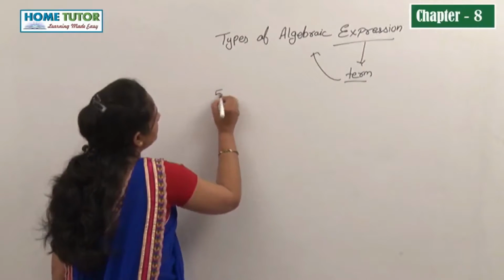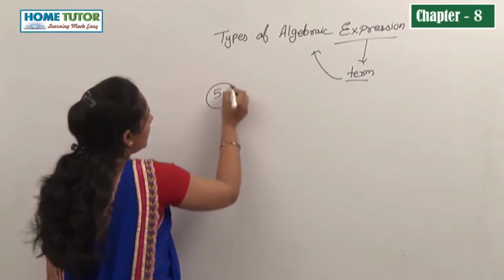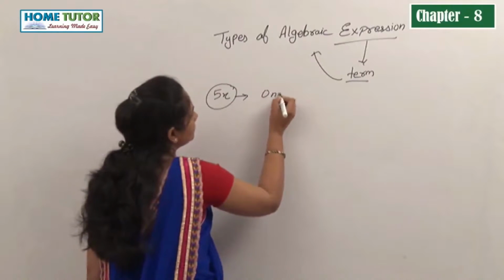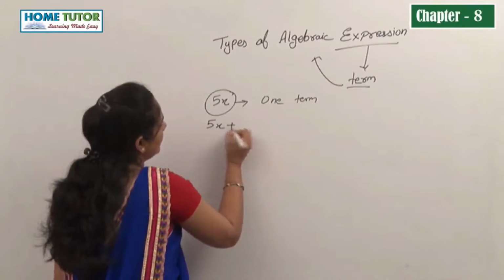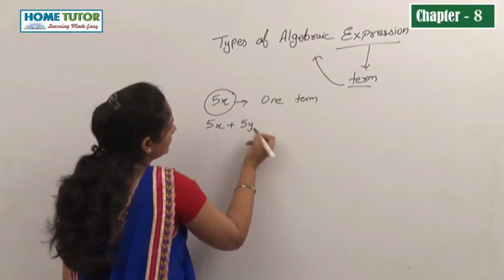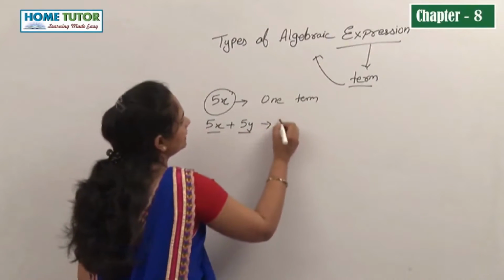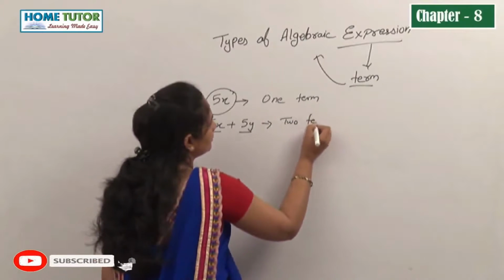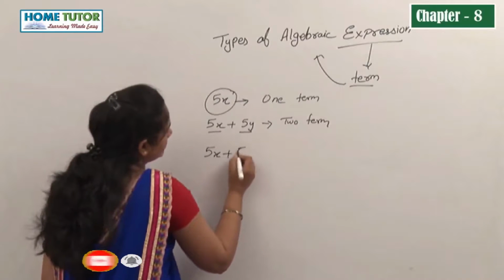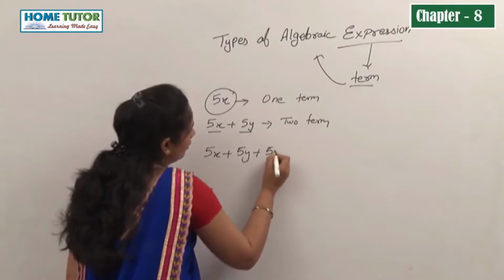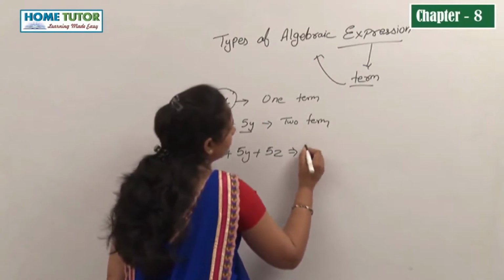Let's take an example, 5x. Now, 5x is only one term. If I add 5x and 5y, we have 2 terms over here. Next, if I add 5x plus 5y plus 5z, we have 3 terms.